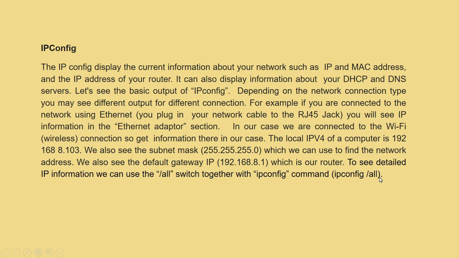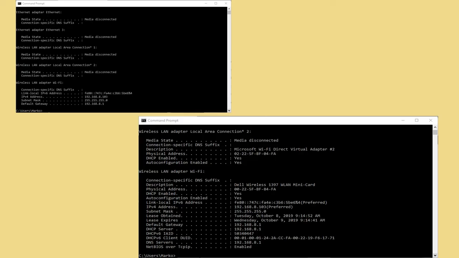Let's see. Here also you will get the detailed information about your ipconfig, and if you write ipconfig /all, you will get this type of information. There is the connection, the description, and the physical address. The physical address is nothing but the MAC address of your system. For my system it shows 00-22-5F-8F-84-BF.